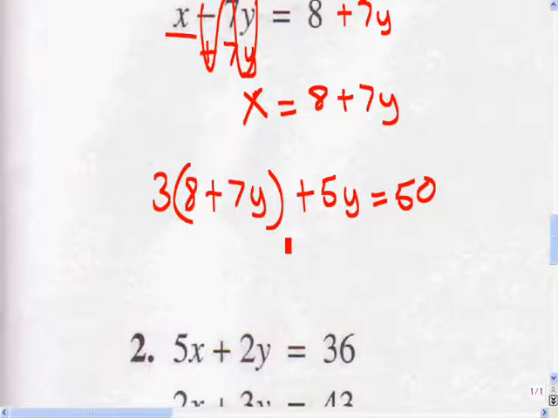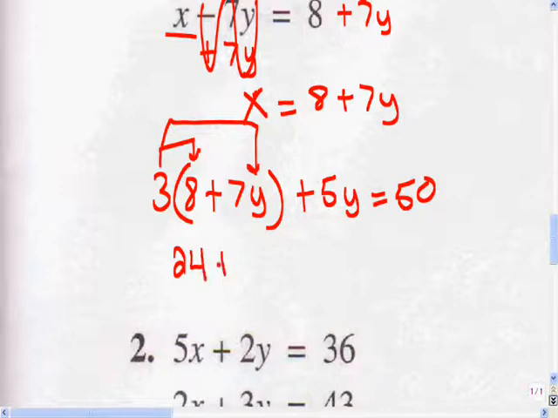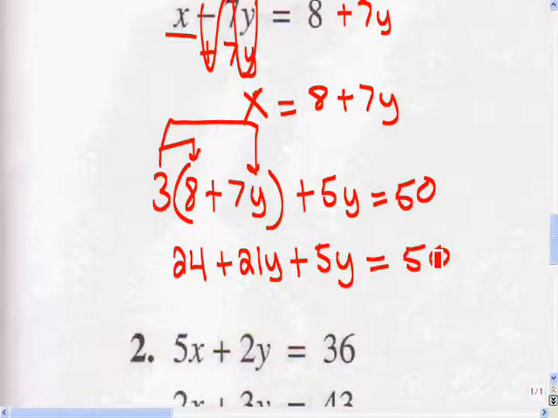Remember that whenever you have anything in front of the parentheses, you multiply it with everything inside the parentheses. So I'm going to multiply the 3 with the 8 and the 3 with the 7. 3 times 8 is 24, and 3 times 7 is 21y, plus 5y equals 50.